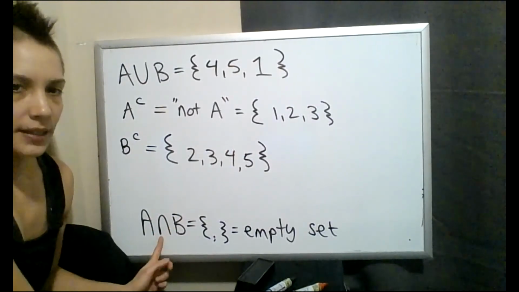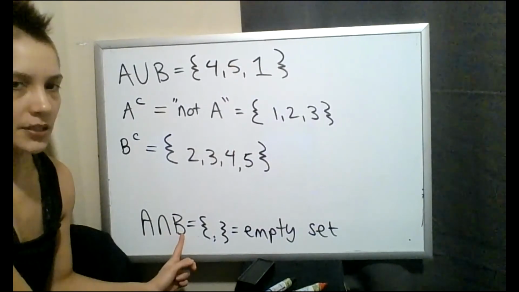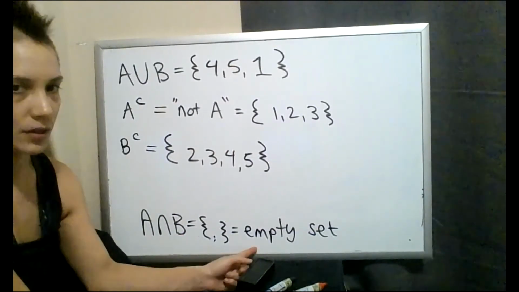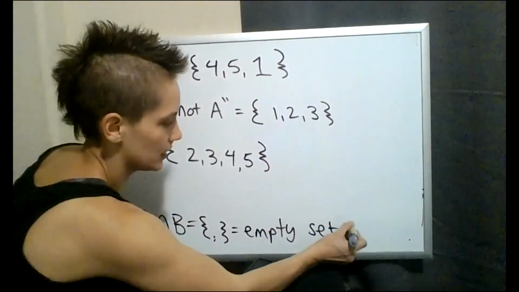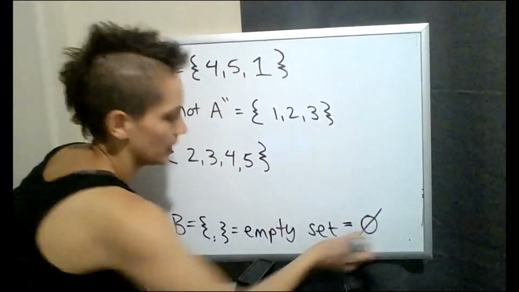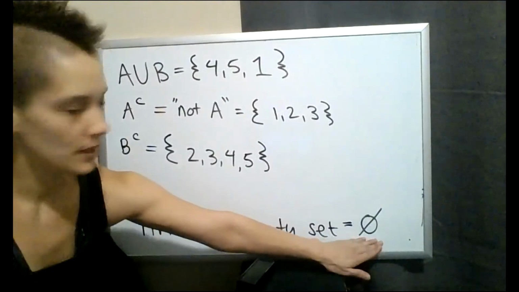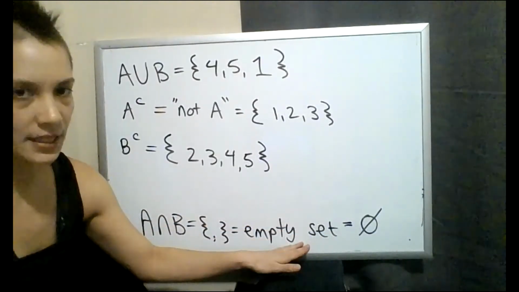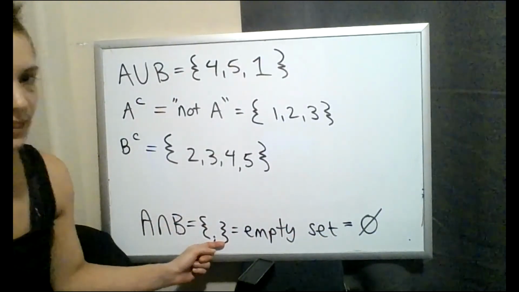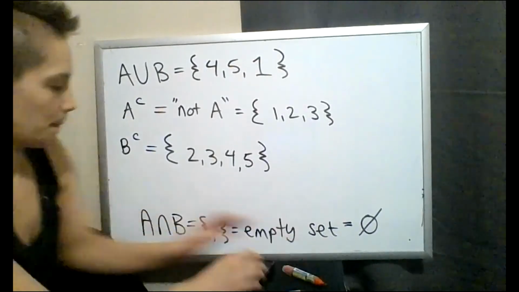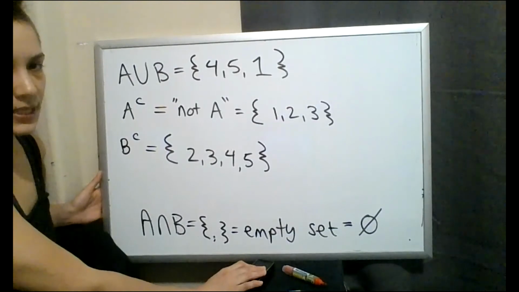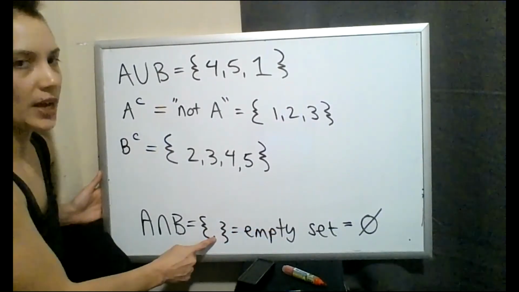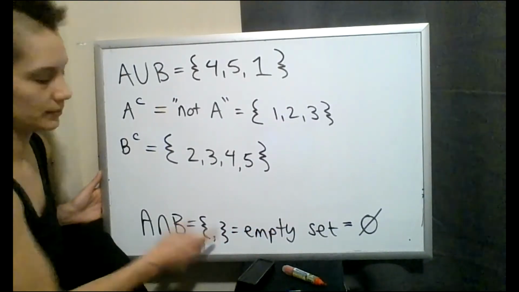Also back to this part here. When you have an intersection that is empty, it's called the empty set, and there is another symbol. It's this 0 slashed that way. So this symbol, or writing empty brackets, means you don't have any elements in your set.